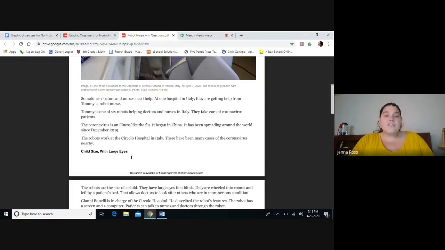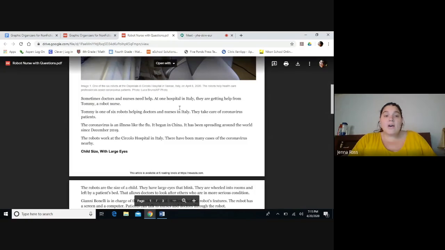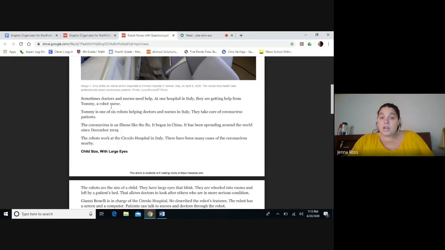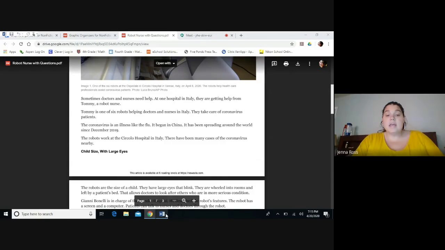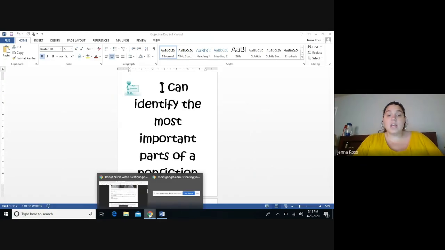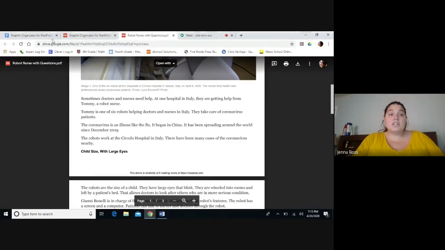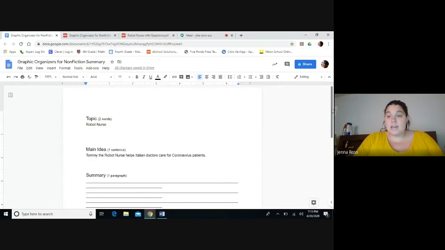Okay, so for the very first part, it talks about how Tommy's a robot nurse and he's helping the doctors and the nurses in Italy, and he's caring for coronavirus patients. And then it talks about how the coronavirus is like the flu and where it began. Okay. And then what hospital that Tommy's been working at. So what I'm going to do is go back to my summary here.